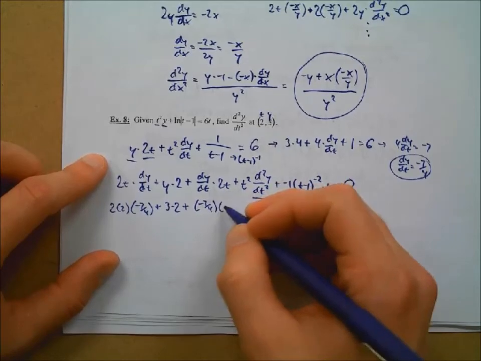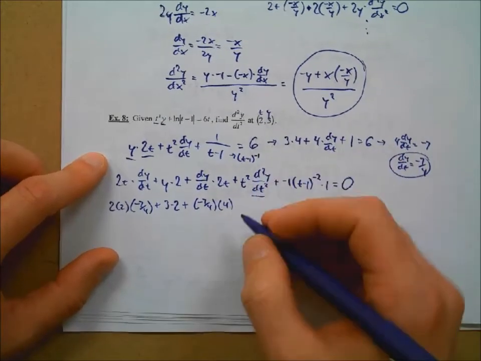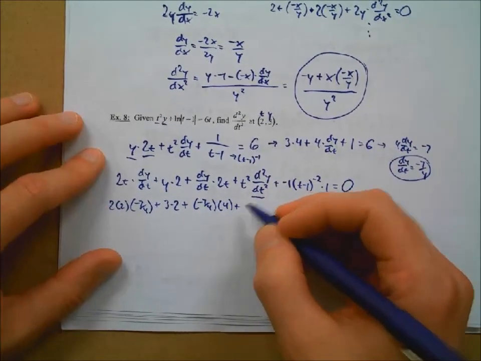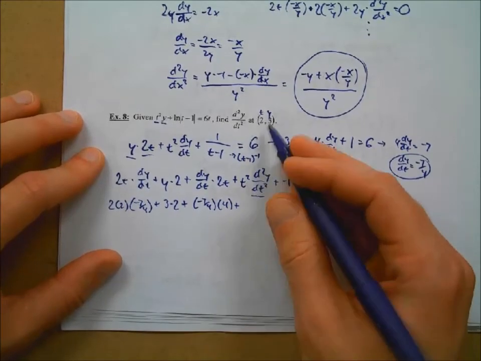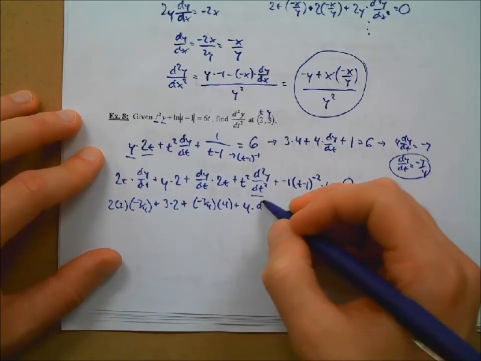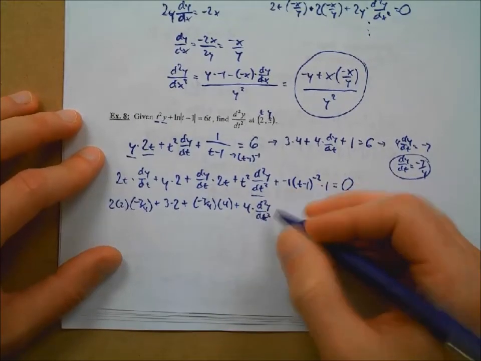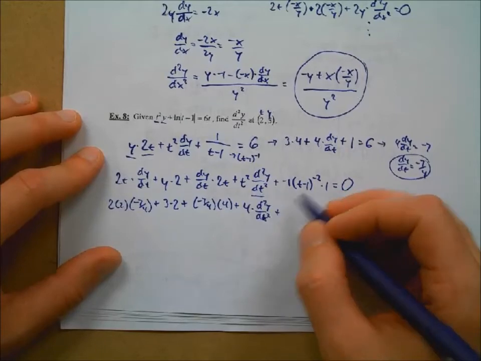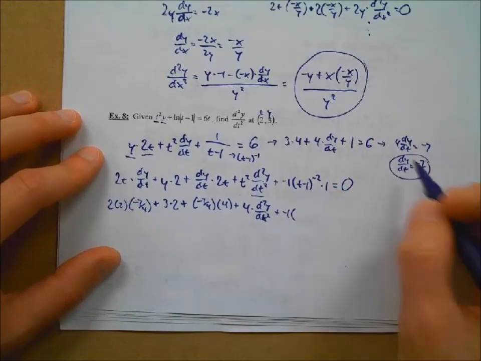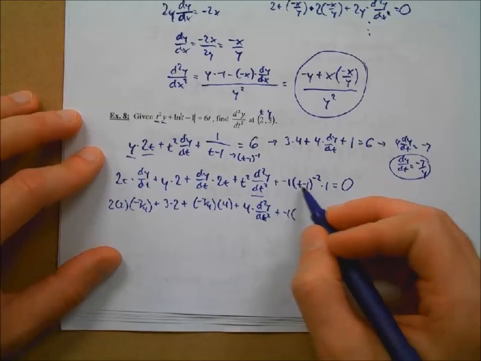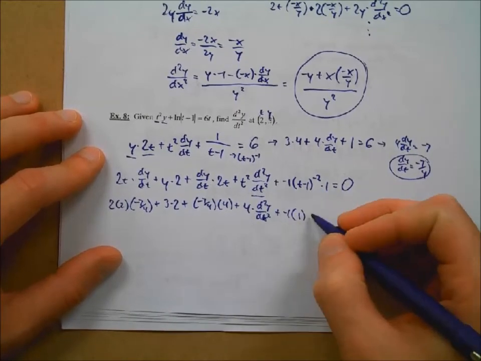I'm just going to go ahead and make that 4. 2 times 2 is 4. I could have done that there. I don't know why I didn't. T squared is 2 squared, so 4 times d squared y over dt squared. That's what we're solving for, right? Find d squared y dt squared. Plus, and then let's see here, negative 1 times, let's see, t minus 1. So 2 minus 1 to the negative 2 is still going to be 1 times 1 equals 0.